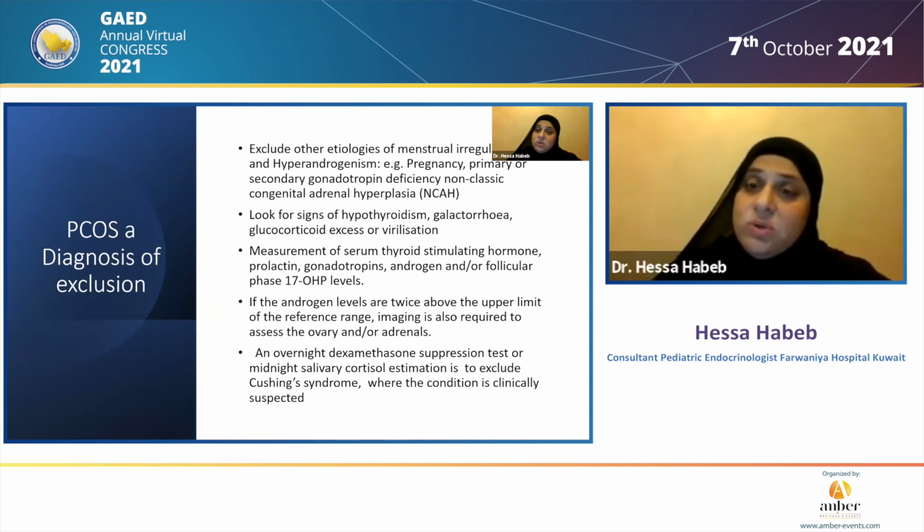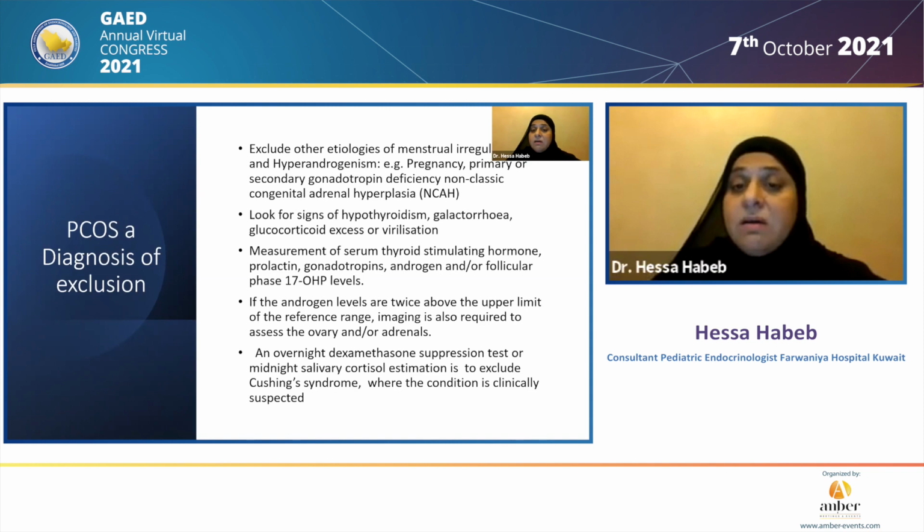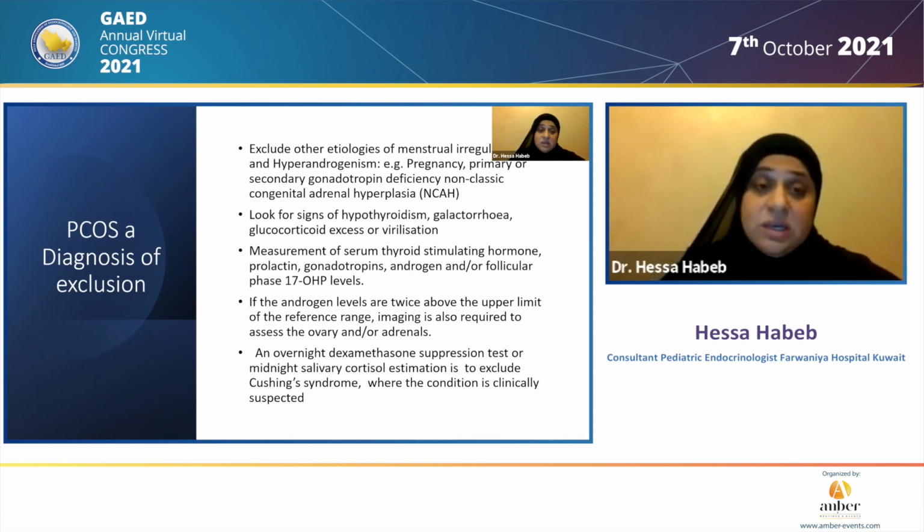In the adolescent girl, we need to rule out pregnancy, primary or secondary gonadotropin deficiency, and non-classical adrenal hyperplasia, like the case mentioned in the previous session. We'll do thyroid testing, and we can proceed for more measurements of androgens, gonadotrophins, and 17-OHP. In case of doubt, we can go for stimulation tests and imaging of the ovaries and adrenal glands, or dexamethasone testing in case of severe obesity.